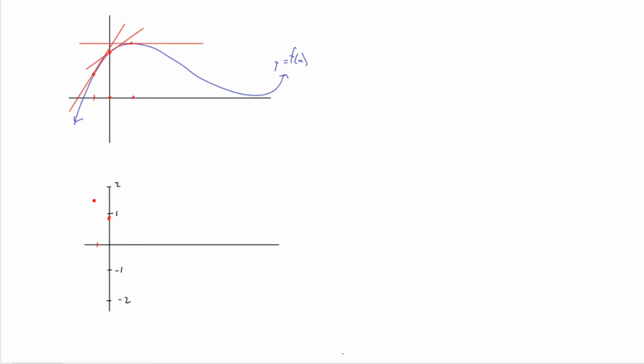Somewhere around this next point here, it looks like a tangent to the curve is more or less horizontal, and a horizontal line has a slope of 0. So somewhere around that point there, we get that the derivative is equal to 0. And then if you move to the right a little bit further and you sketch a tangent line and estimate its slope, well, now we've got a tangent line with a negative slope.